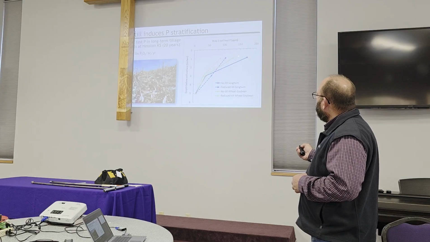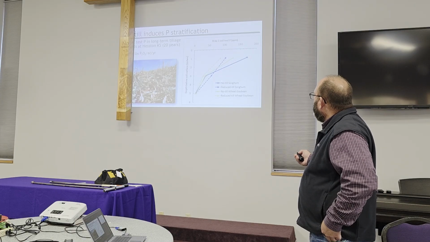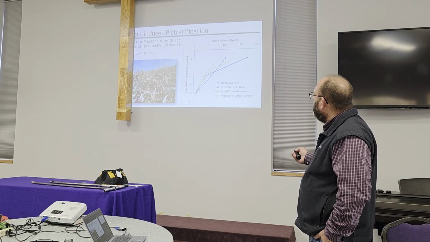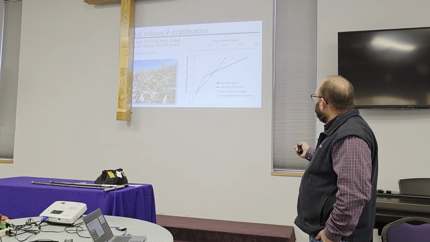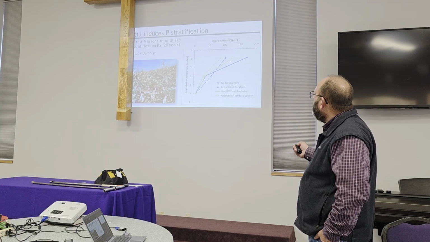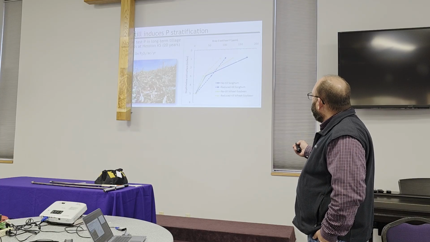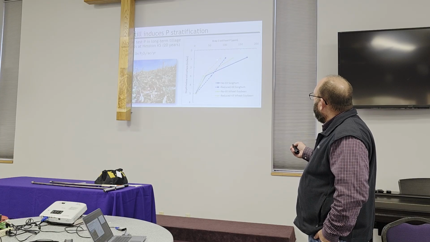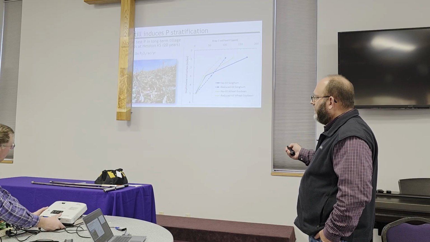This was a 20-year rotation. The solid lines are no-till, and we're no-till sorghum here in the blue, and the green with the triangle is no-till wheat soybean. Both of those no-till systems, we saw pronounced stratification.